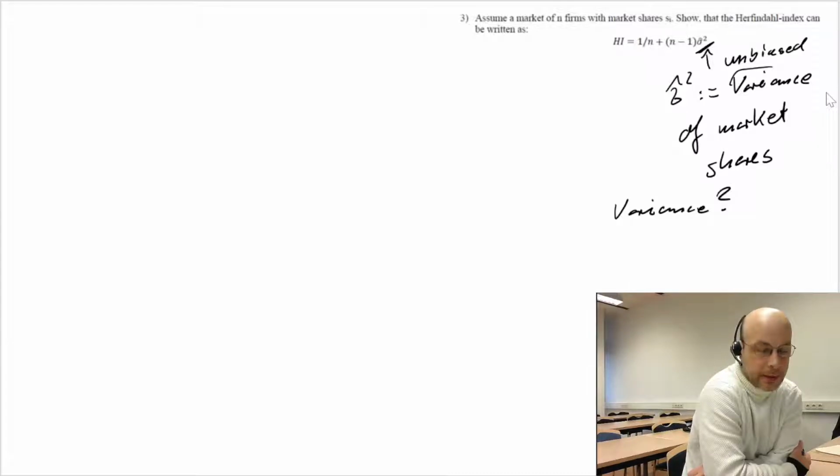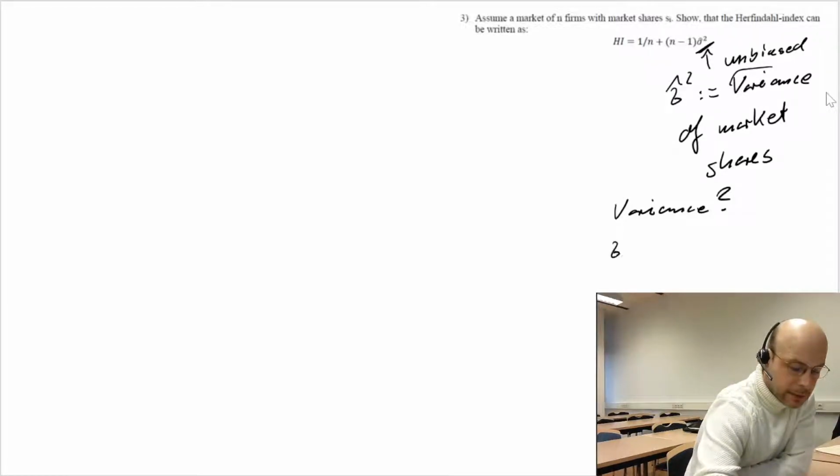So variance is in general the sum of the squared deviation from our expected value in our distribution, and in descriptive statistics we use for the expected value just the average of a distribution.